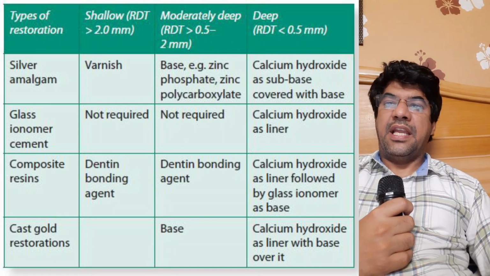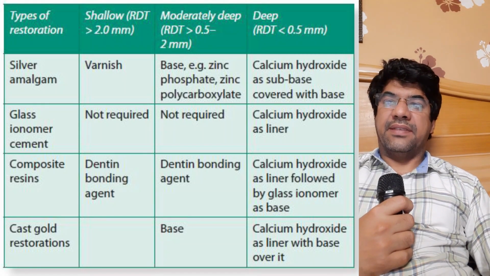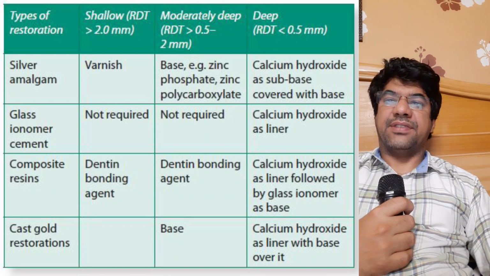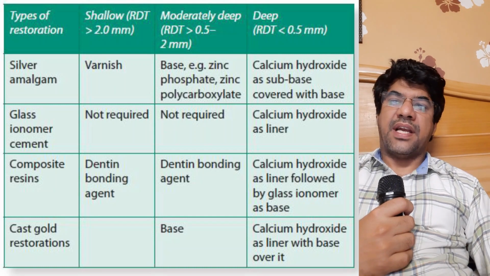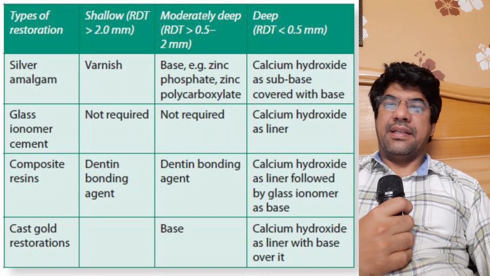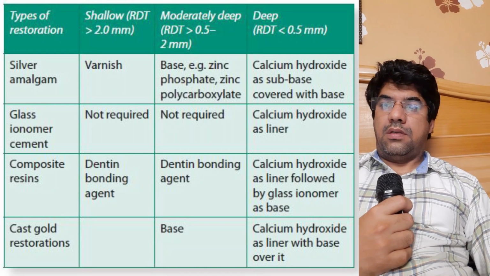And in the case of deep cavities where the remaining dentine thickness is merely less than 0.5 mm, we use calcium hydroxide as a sub base that is covered with a base.